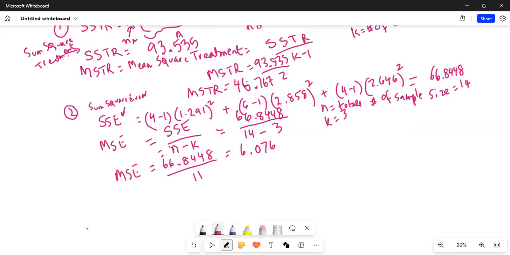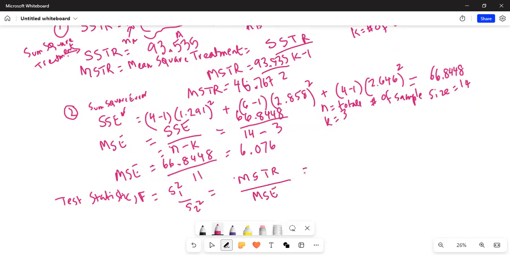Now we will calculate the test statistic. The test statistic is F, which is a ratio of two variances basically, S1 square by S2 square. Here it is the variance of each sample mean from the grand mean, MSTR, divided by variation within each sample, MSE.